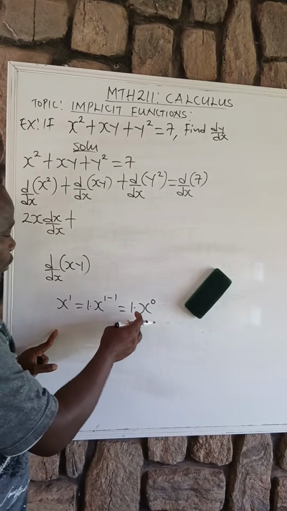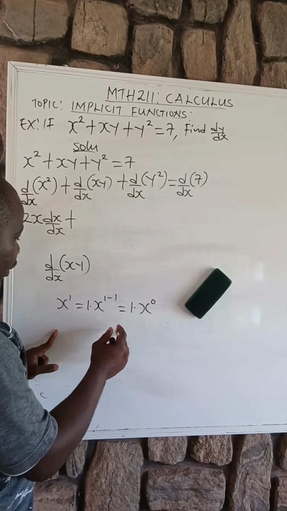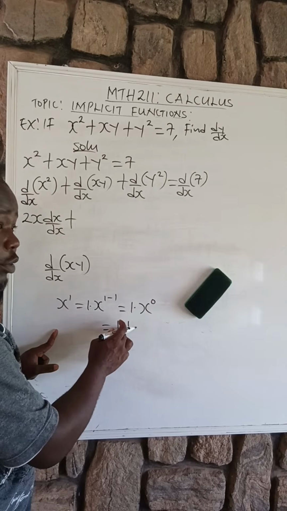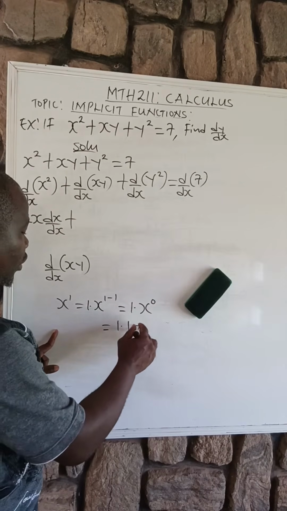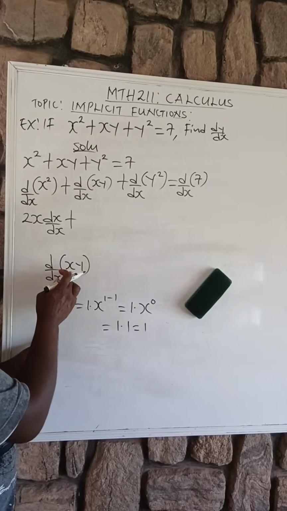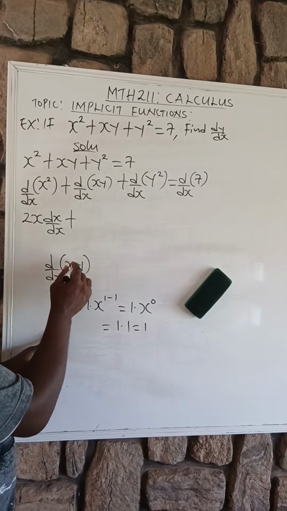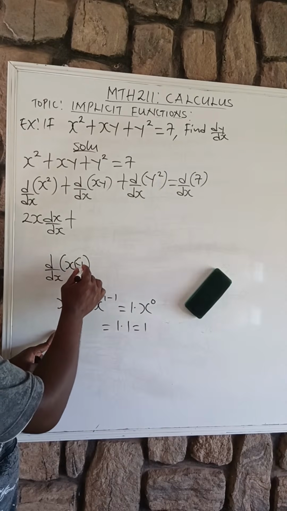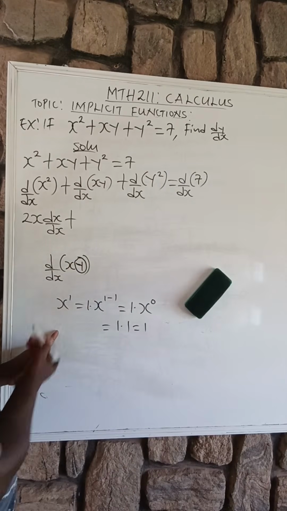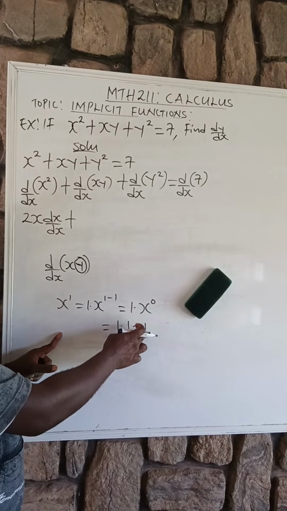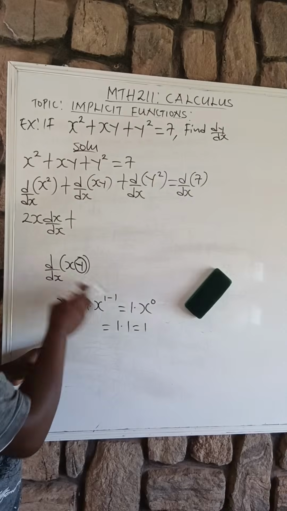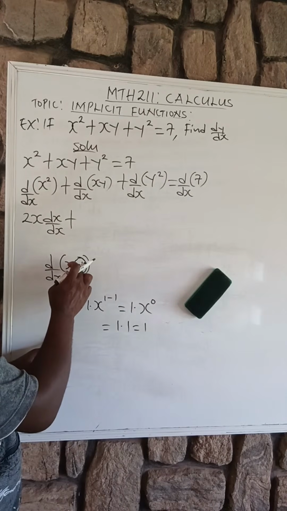Is that clear? So now, anything raised to the power 0 is what? 1. So 1 times 1 is 1. So when you differentiate x, you hold y as constant. When you differentiate x, what do you have? You have 1. So you use this 1 to multiply y.